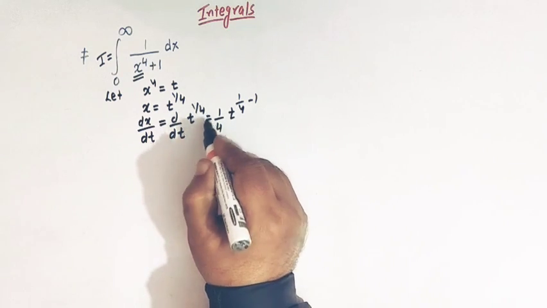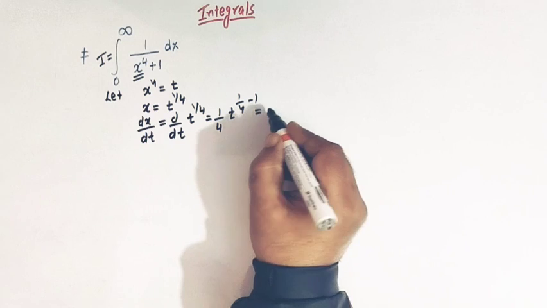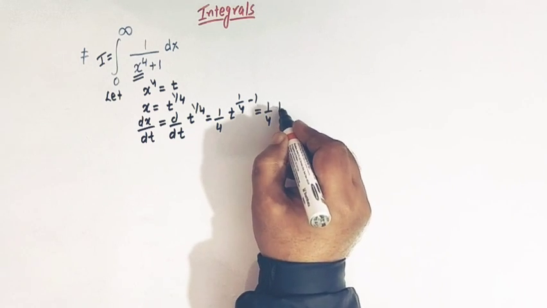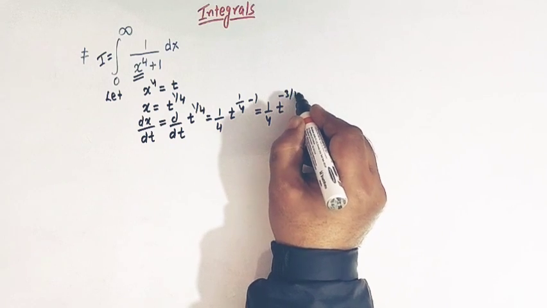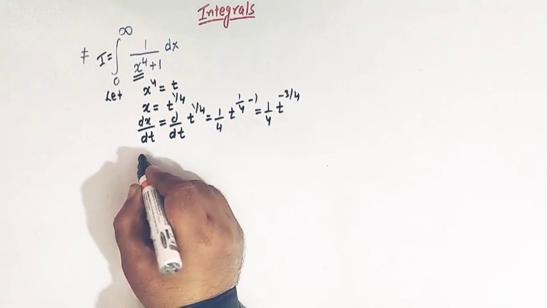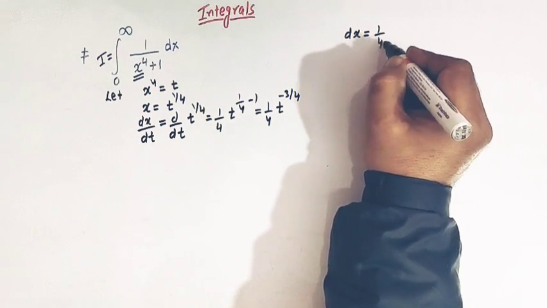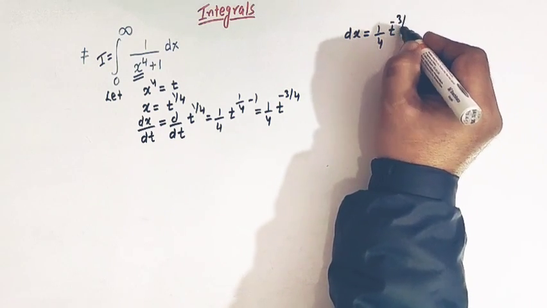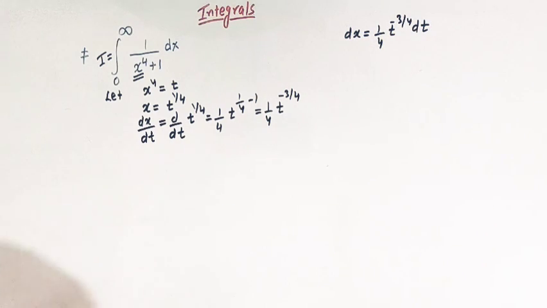Here we'll make use of the power rule for differentiation. So this is 1 over 4 t raised to 1 minus 4 over 4, that is minus 3 over 4. So now dx can be written as 1 over 4 t raised to minus 3 by 4 dt.